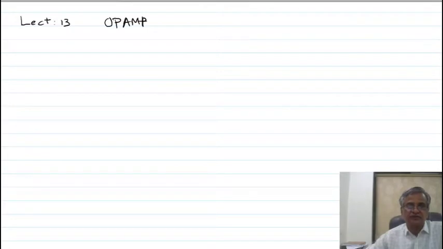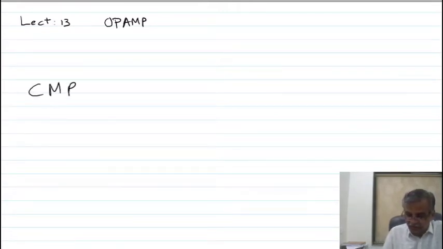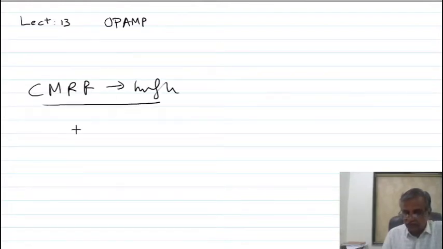That parameter is called the common mode rejection ratio, CMRR. With the help of the CMRR, you can reduce the error at the output. To reduce the error, the value of the CMRR should be very high. If the value of the CMRR is very high, then the error will be reduced.